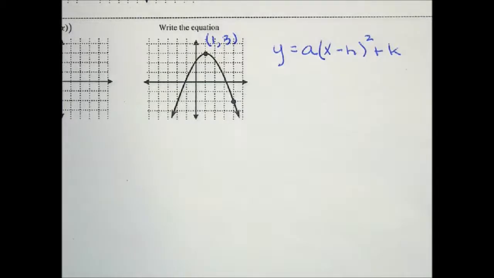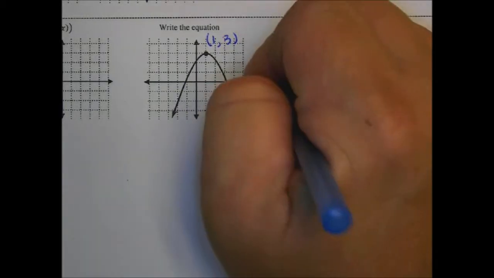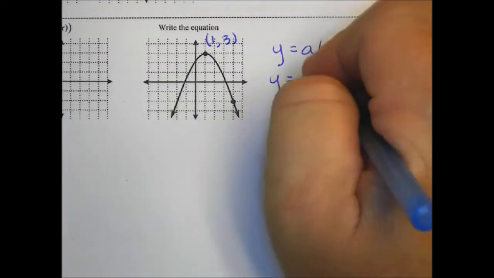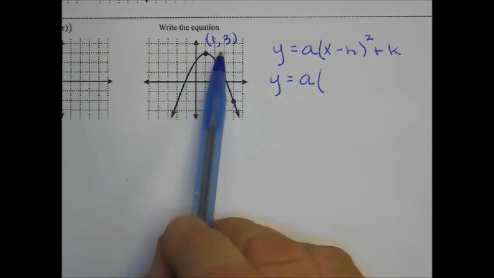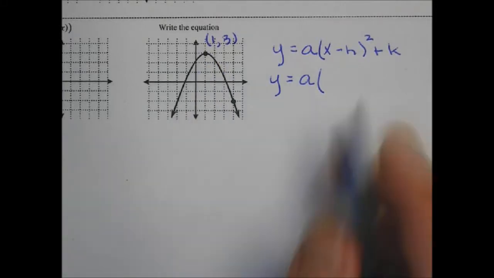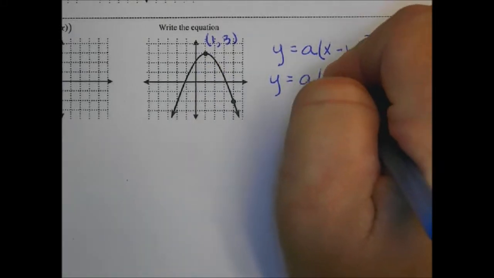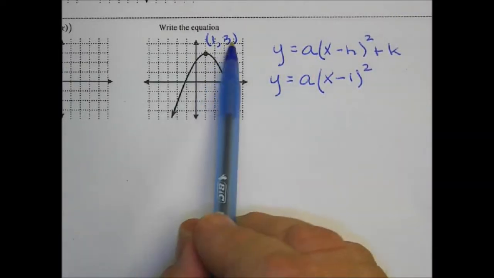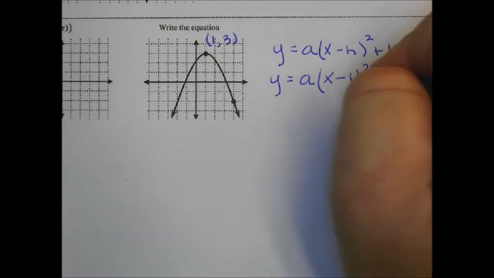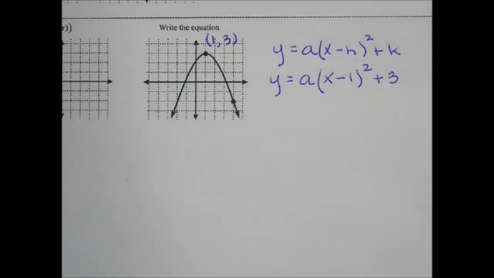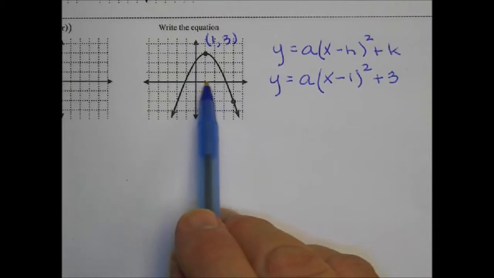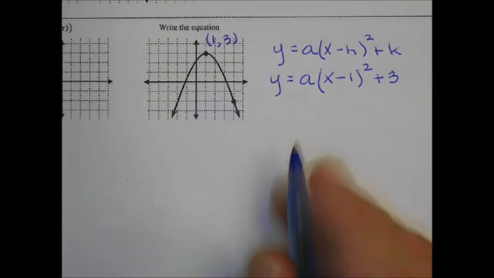Now that's going to help me write a lot of the equation. Y equals, we don't know the a value yet, but we do know the rest of the equation. In order for the x-coordinate of the vertex to be +1, the equation has to be x minus 1. And in order for the y-coordinate to be +3, this part of the equation has to be +3. So the way to find the a value is now use the other point, which is 4, -2.